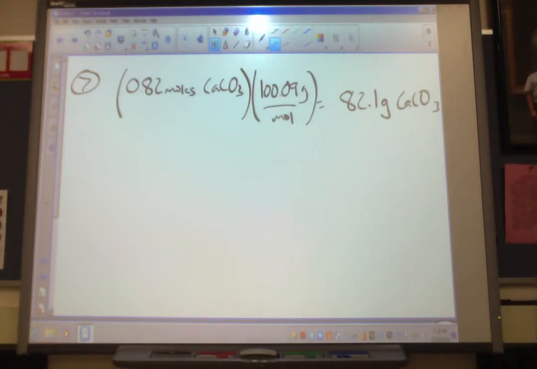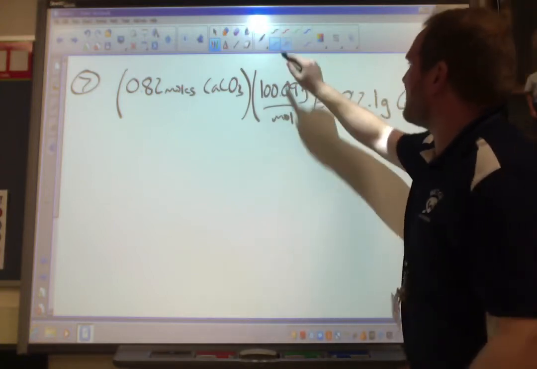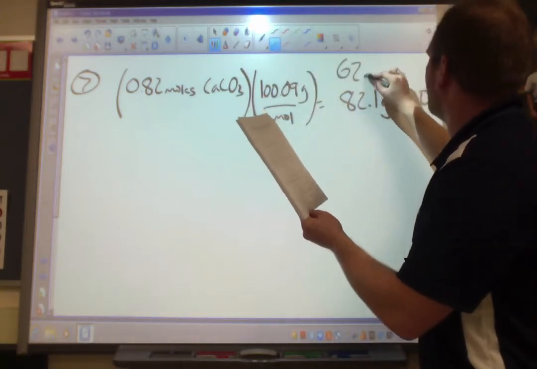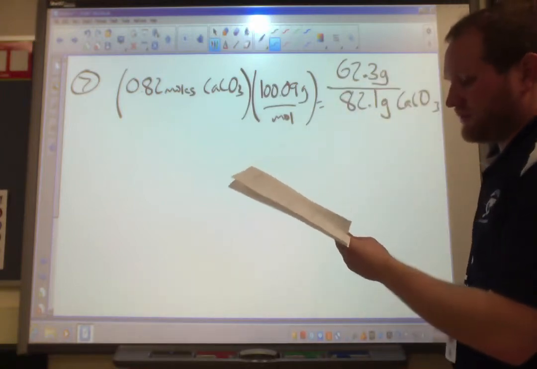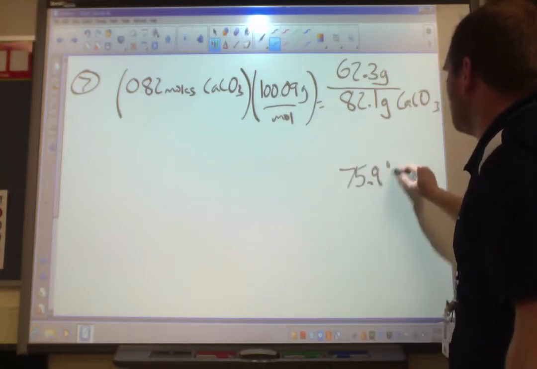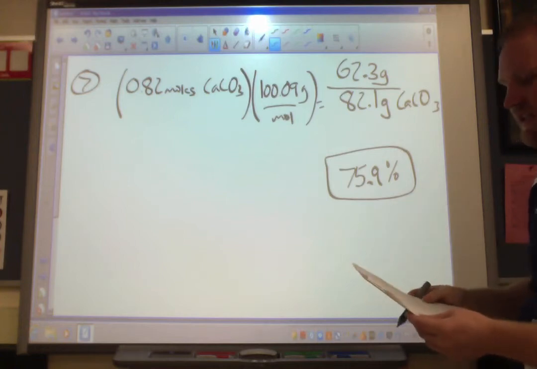So that's my theoretical yield. In theory, you could possibly form that much. How much did they actually get? Well, according to the problem, they got 62.3 grams. So when we work out this math, it comes out to 0.759 or 75.9% yield.